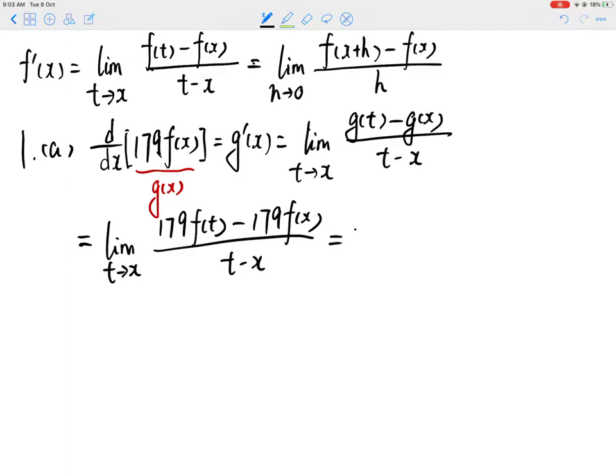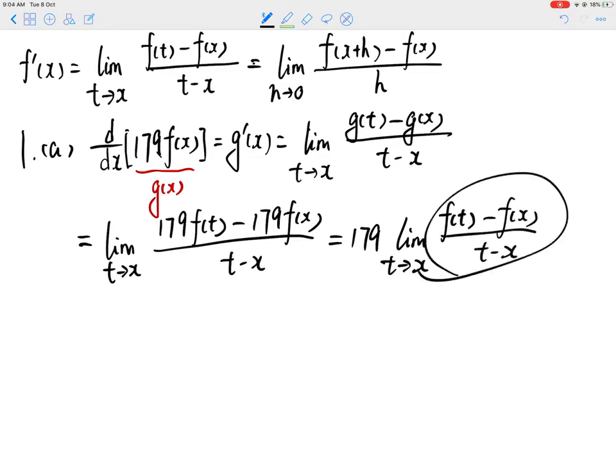So it's 179 times the limit of t approaching x of f(t) minus f(x) over t minus x. And what is this? This is exactly the definition of f prime x. So this is 179 f prime x.